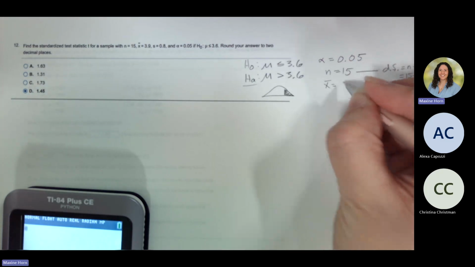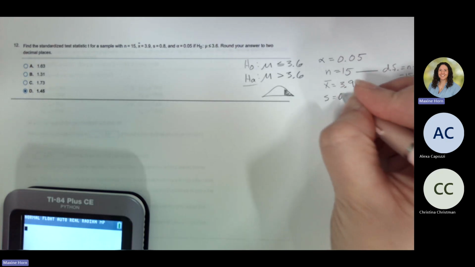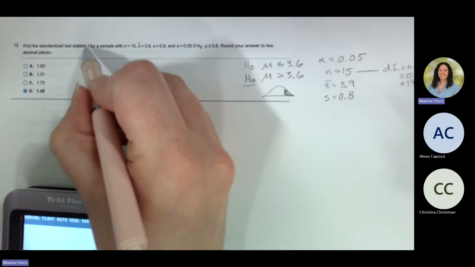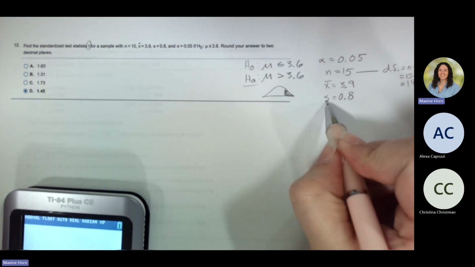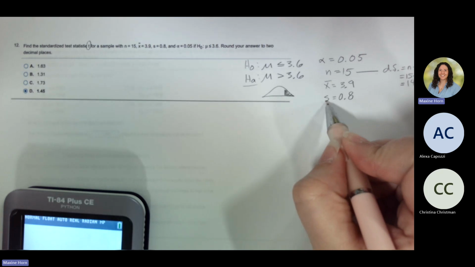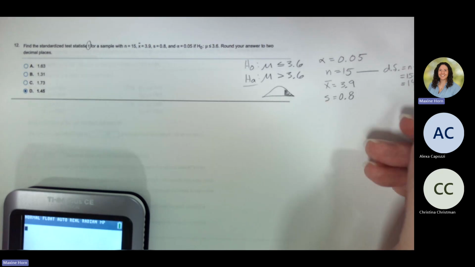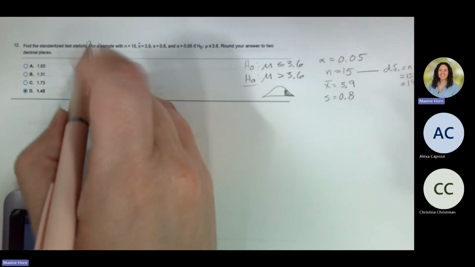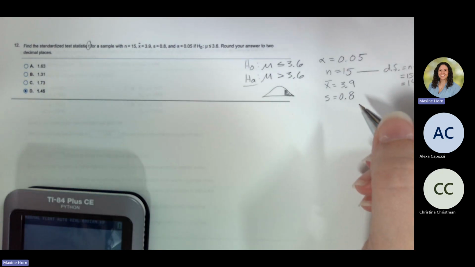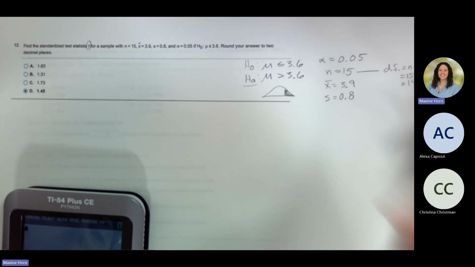They gave us a sample mean of 3.9 and a sample standard deviation of 0.8. If they hadn't told us specifically that this is a t, we would have known, because we have a sample standard deviation, not a population standard deviation. If we don't have a population standard deviation, then we can't use the z, we have to use the t. That's all they gave us.